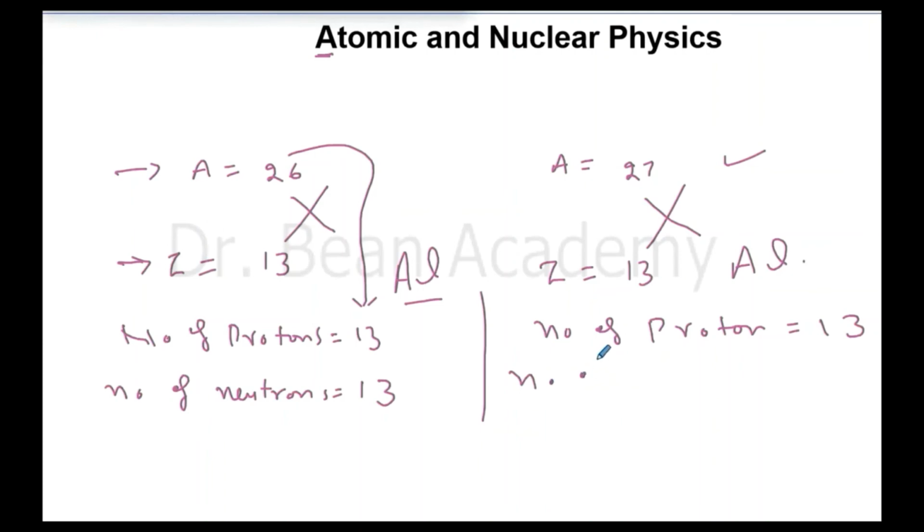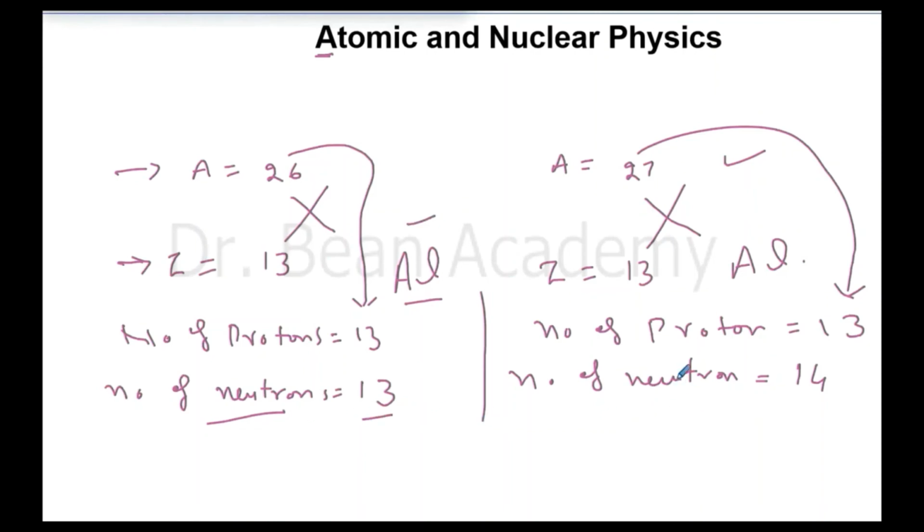Let's see the number of neutrons in the second case. The number of neutrons is 27 minus 13, and it is 14. Okay, so although it is aluminum, the number of neutrons is different. In the first case of aluminum, the number of neutrons is 13.